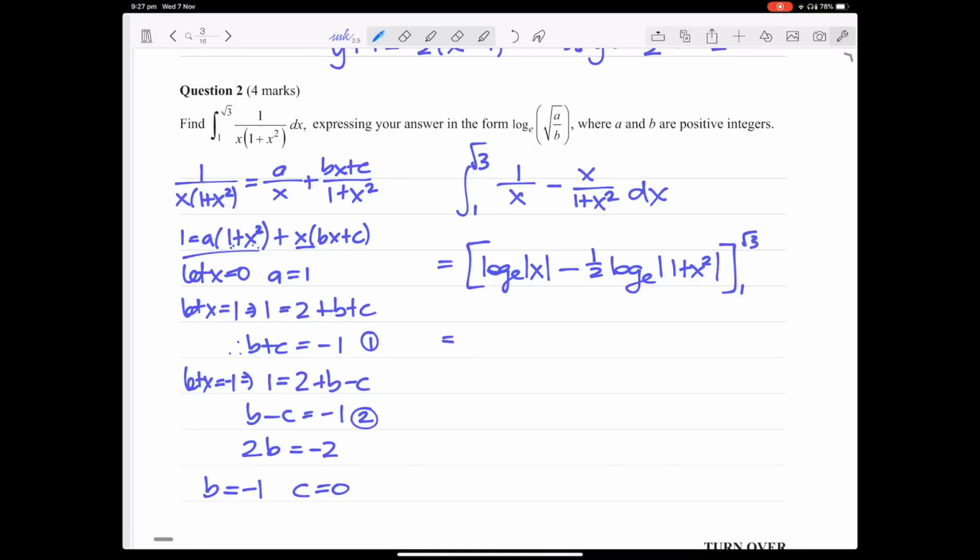Okay, so log of root 3 minus, if I put root 3 into this, we're going to get 1 plus 3, which is 4, and then the square root of it, so log e 2.